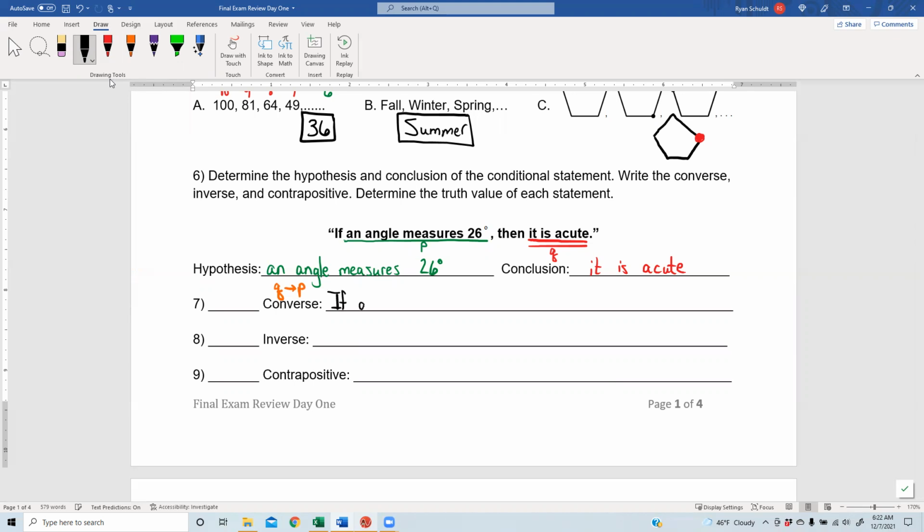If an angle is acute, then it measures 26 degrees. There's our converse.